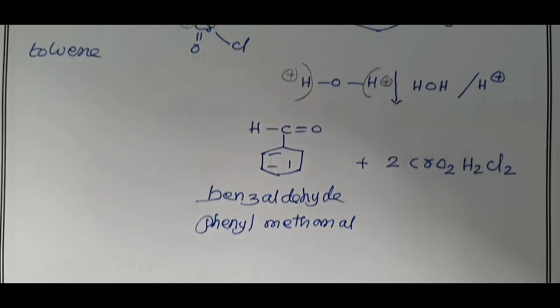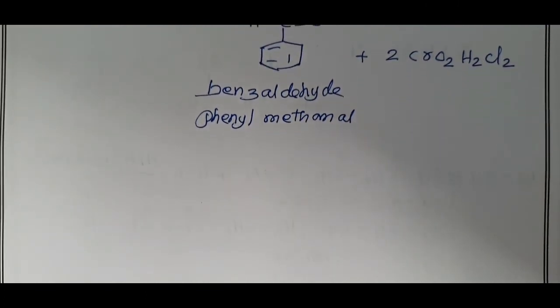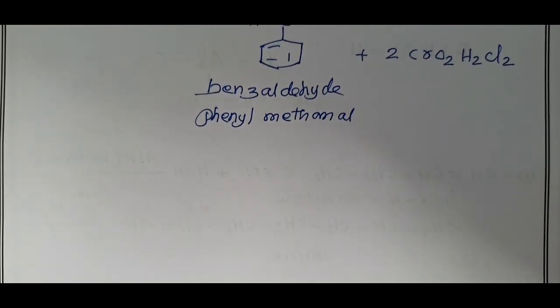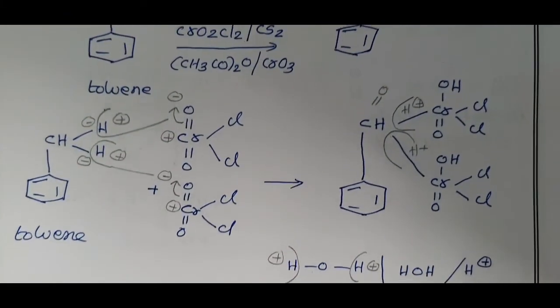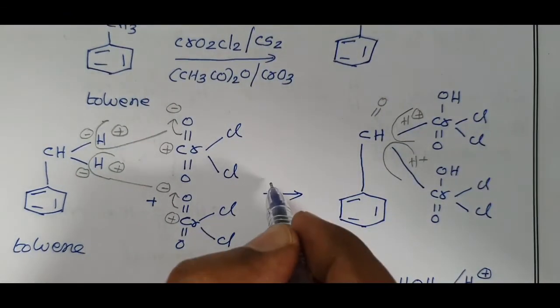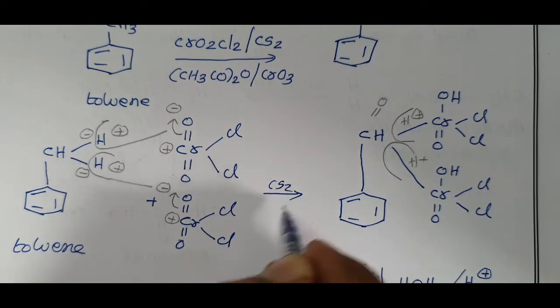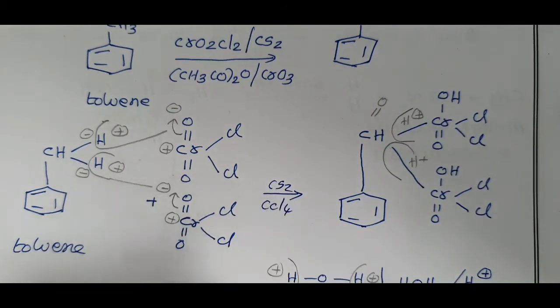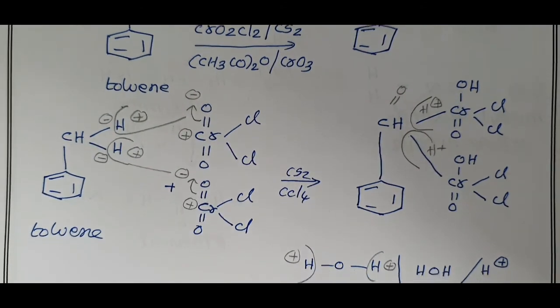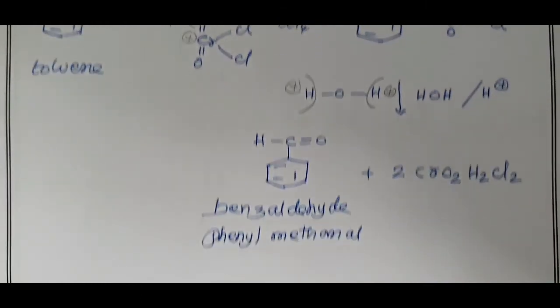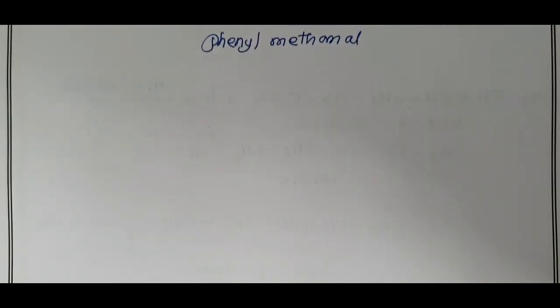In this, we have one more oxidizing agent. Instead of using chromyl chloride in the solvent carbon disulfide or carbon tetrachloride, we can also use acetic anhydride in chromic oxide. That we are going to see, one more Etard reaction.